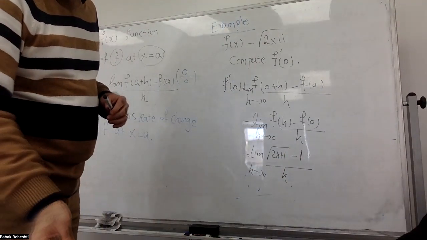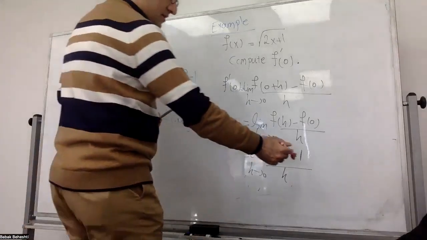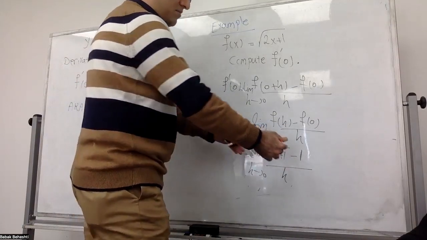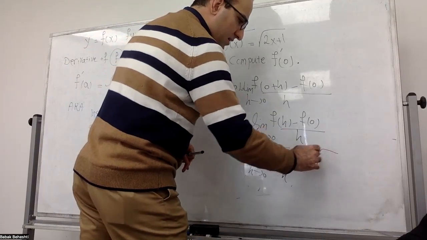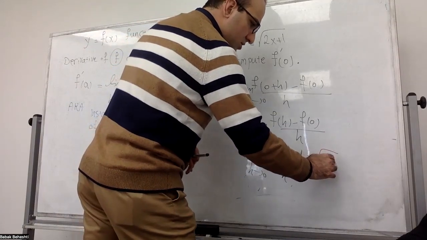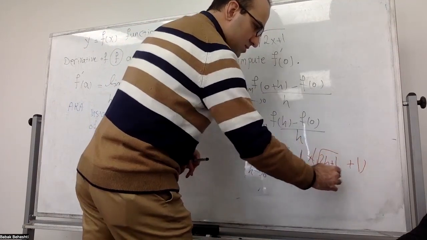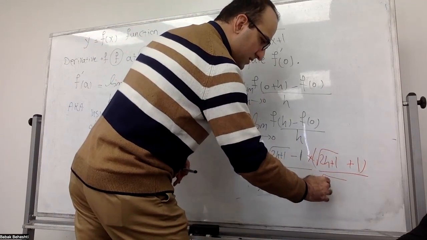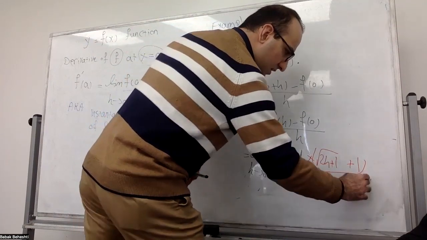As we saw before in many examples, if you have a root of something, you can multiply by its conjugate. So you can multiply this by root 2h plus 1 plus 1. You also have to divide by this, because when you multiply by something, you also have to divide by the same thing.